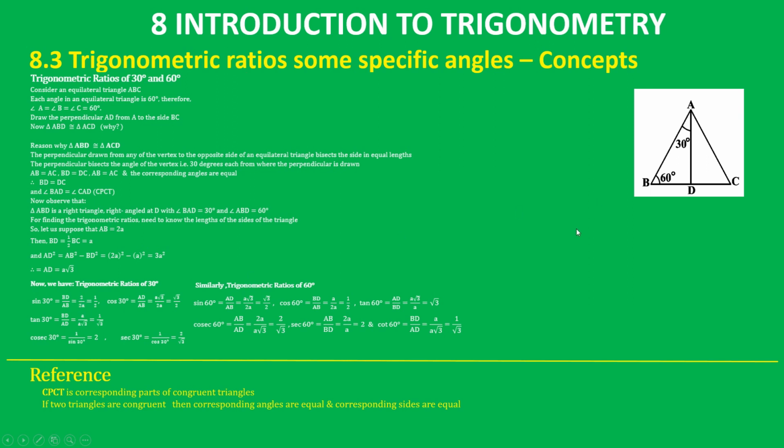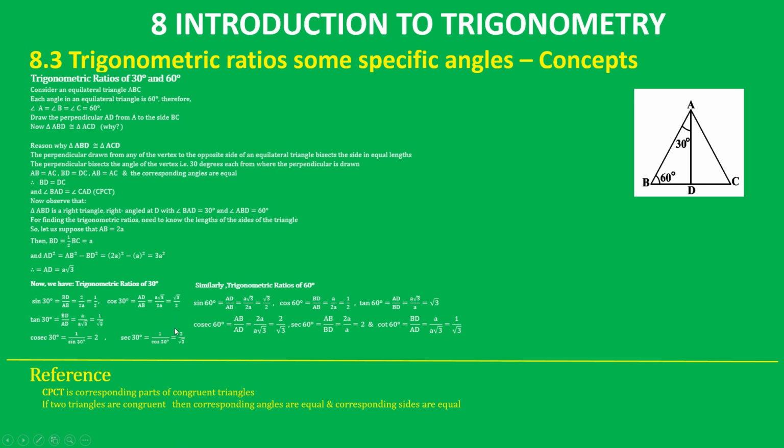A by AB, which is 2A, is nothing but 1 by 2, right? Please correct this. A by 2A is equal to 1 by 2. And what is cos 30? Cos 30 is adjacent side AD, that is A root 3, divided by hypotenuse AB, which is 2A. A root 3 divided by 2A is nothing but root 3 by 2.